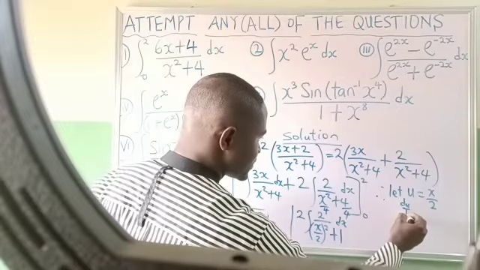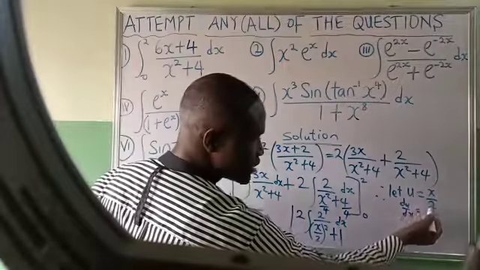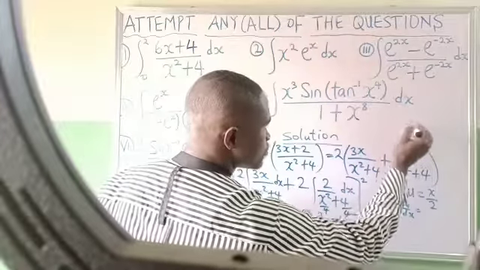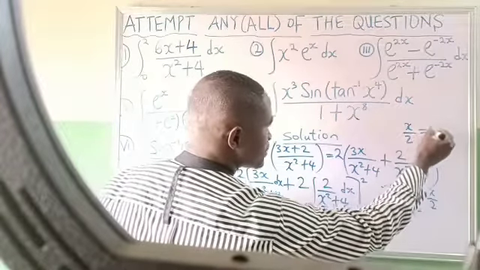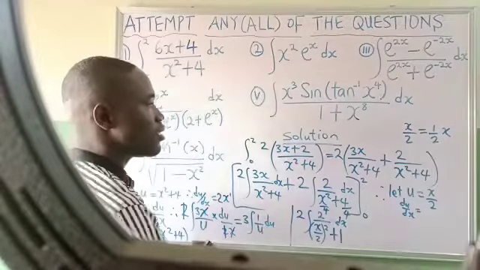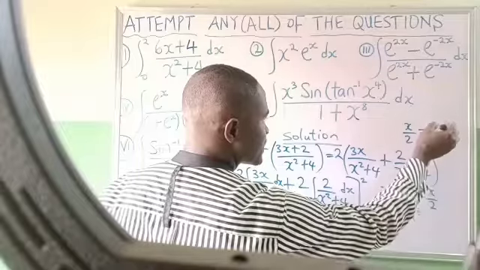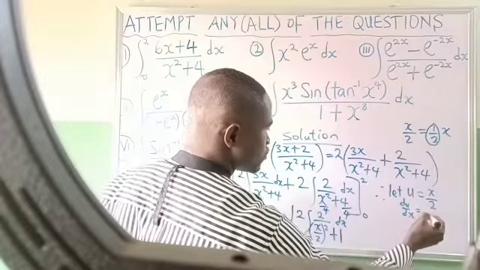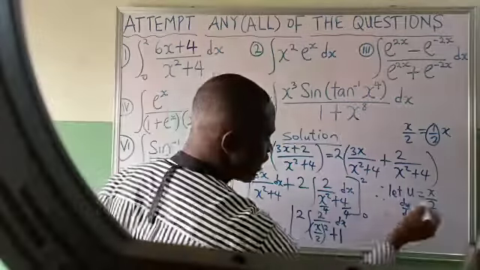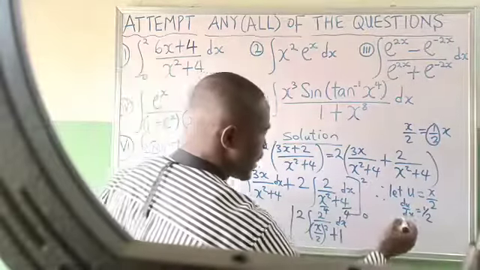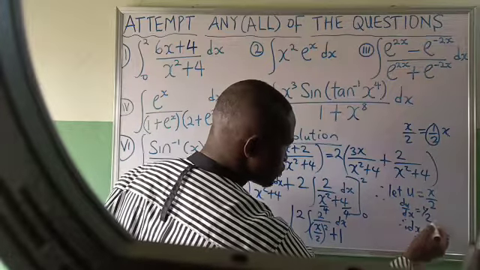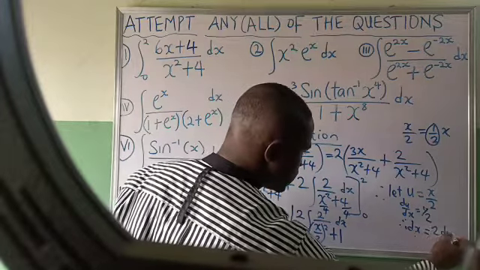If I differentiate this, du/dx, what is the coefficient of x over 2? The coefficient of x is a half. So differentiating x over 2 will give you a half. Therefore dx equals 2 du.